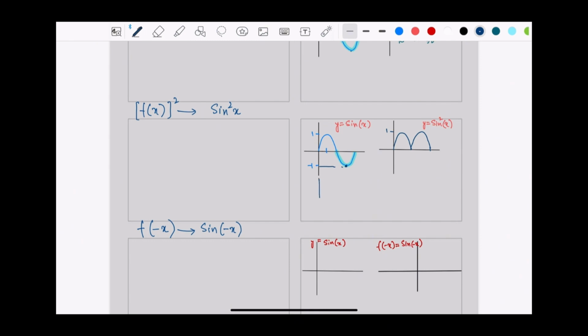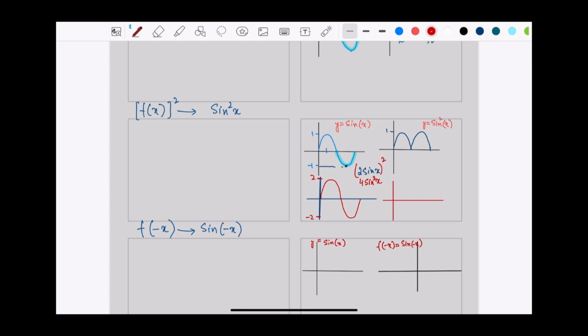But just in case, let's take another example here. Let's say I'm drawing 2 sine x. So 2 sine x may look like this. This value here is 2, this value here is -2. And when I say 2 sine x squared, if I square this, it will become 4 sine square x.